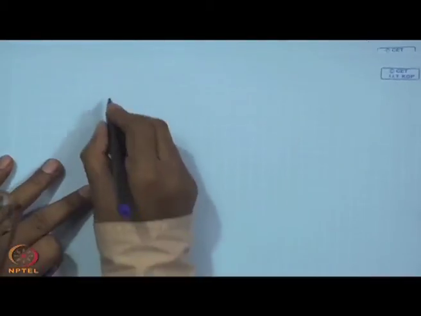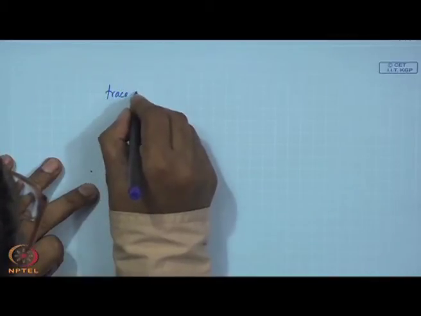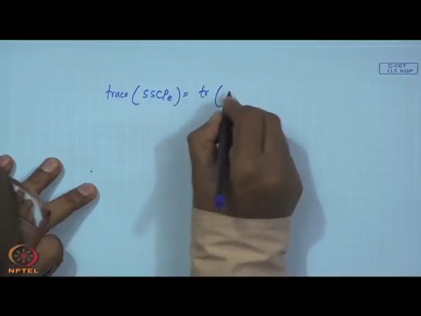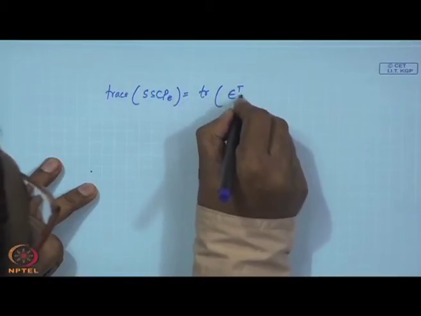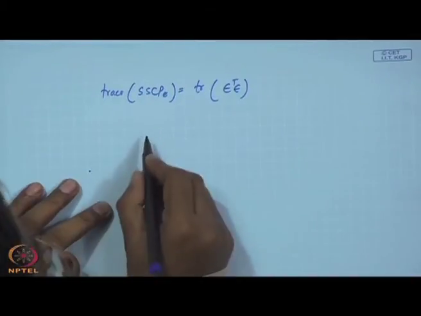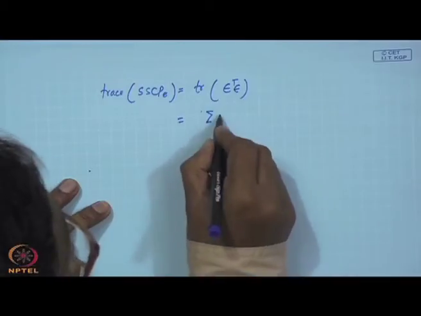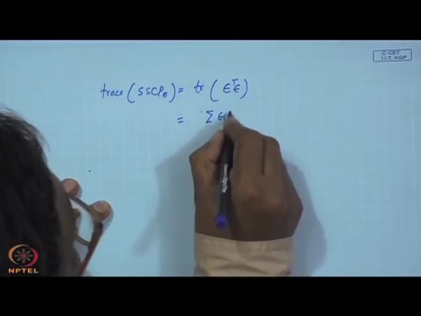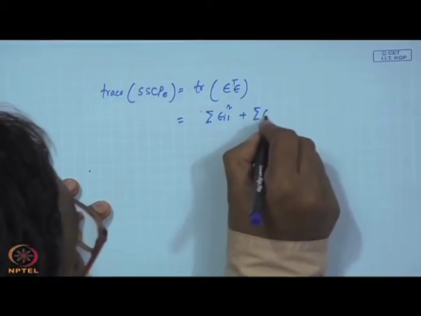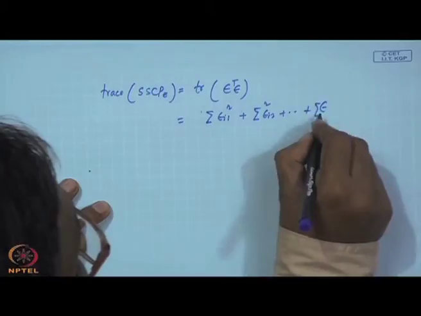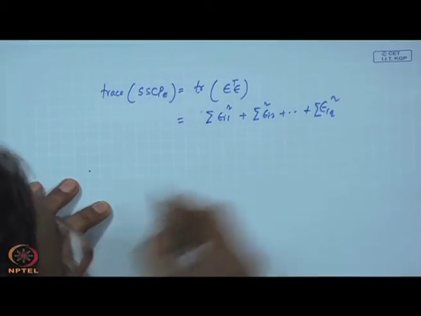So, that is why we take the trace of SSCPE, or you can say the trace of epsilon transpose epsilon, which gives the diagonal values. So, this will be the sum total of the diagonal values, epsilon i1 square, epsilon i2 square, like this up to epsilon iq square.